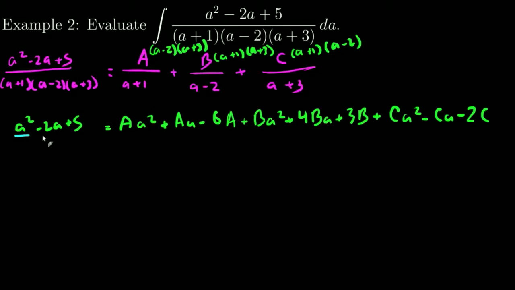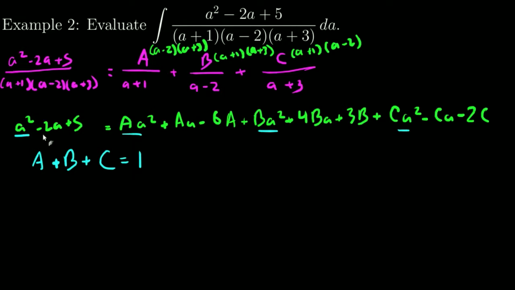When I go through and deal with all of the little a squareds, let me just do it this way. A plus B plus C has to equal 1, because I have 1a squared there.